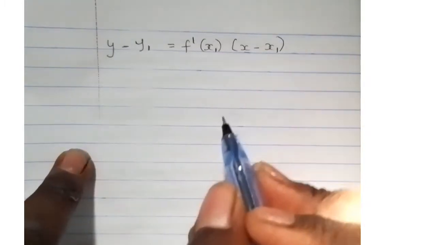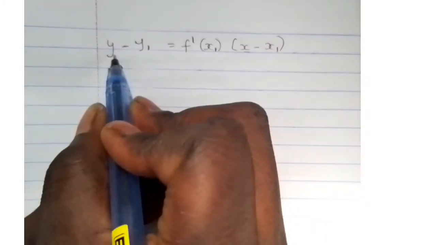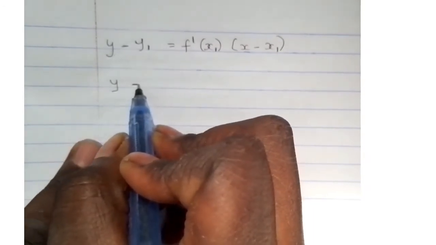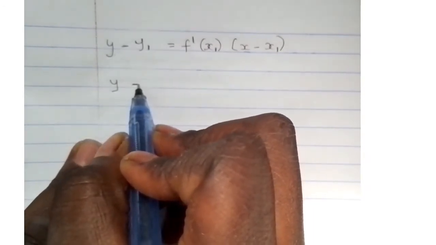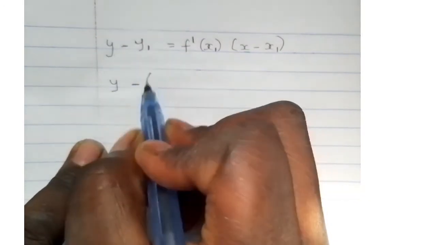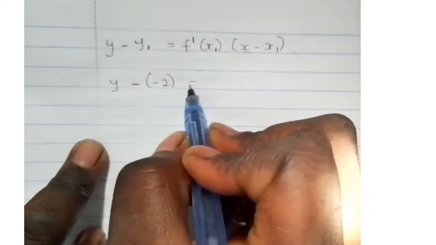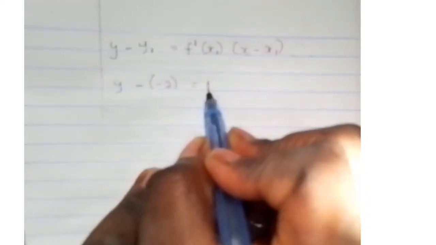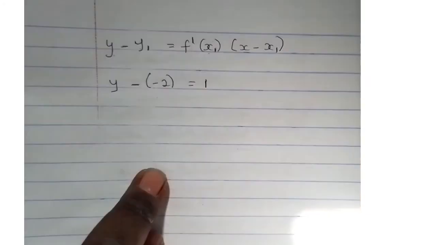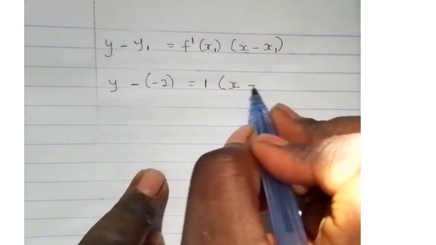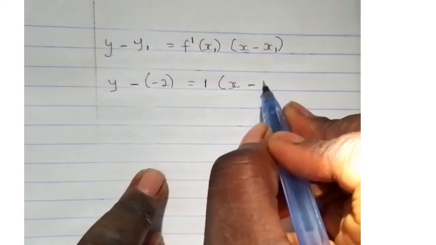Remember the point was given to us as 1, minus 2, and our y1 is minus 2, so here it will be y minus minus 2, into f prime of x1, which is 1, into x minus x1, where x1 is 1.